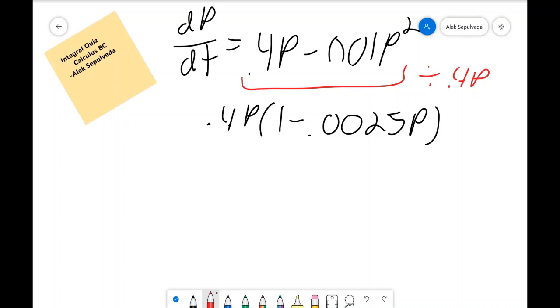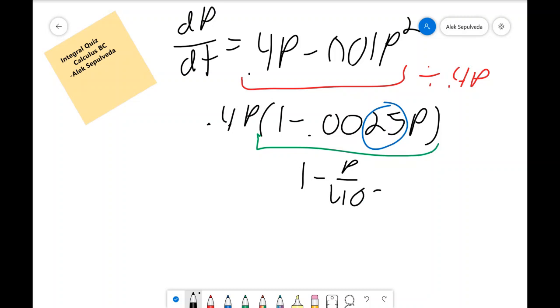As you see, this part of our decimal is a quarter, so we know that we can likely separate this out into some fraction. In fact, by doing 1 divided by this decimal, we end up getting 400. So if we multiply that against, we can turn this entire expression into 1 minus p over 400.